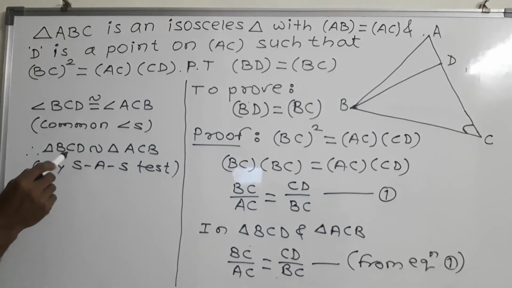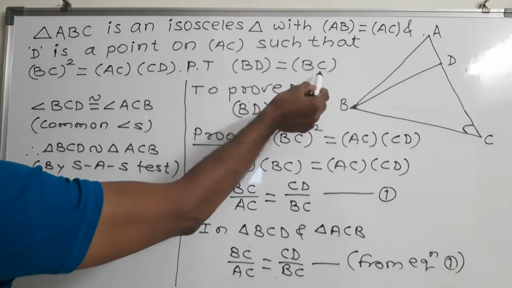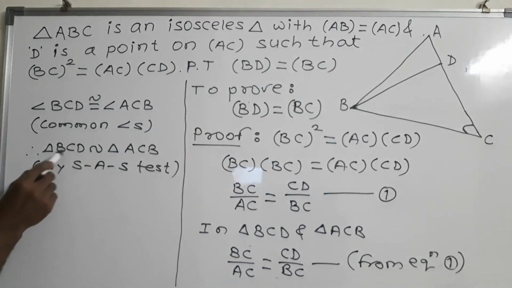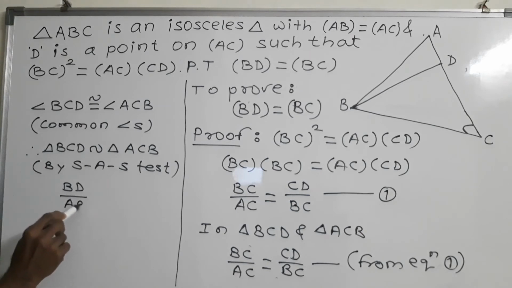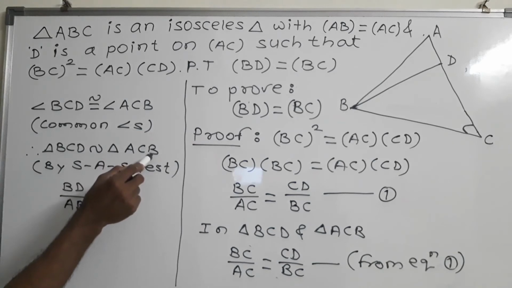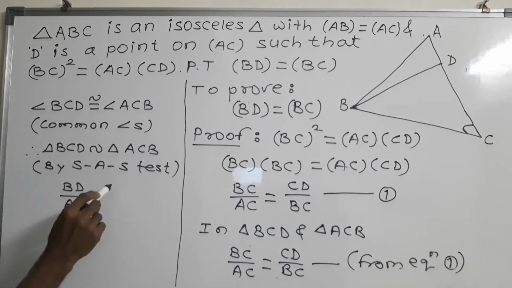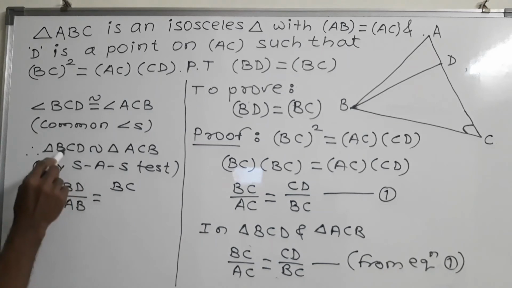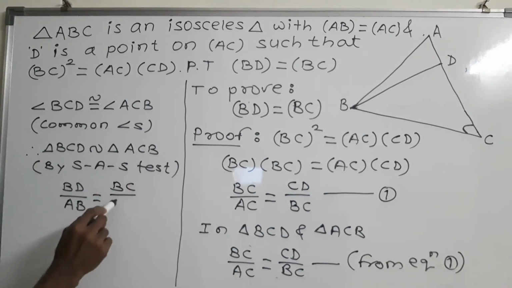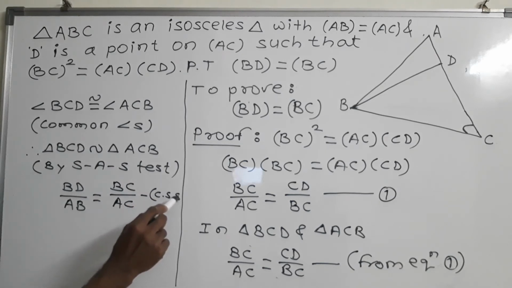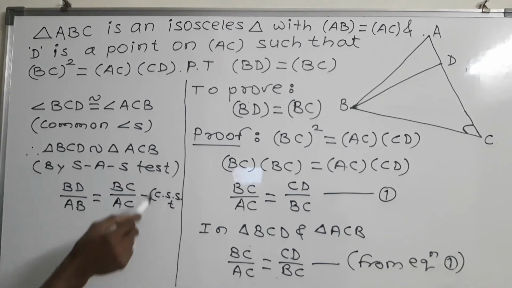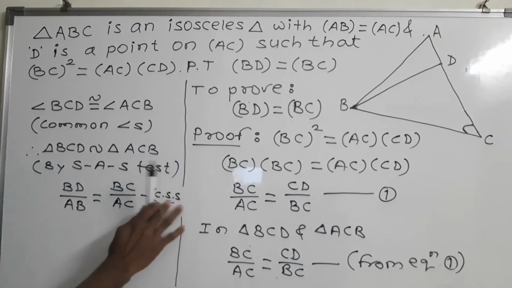Now according to this we want BD is equal to BC. Here we write BD upon AB is equal to BC upon AC, because of corresponding sides of similar triangles.